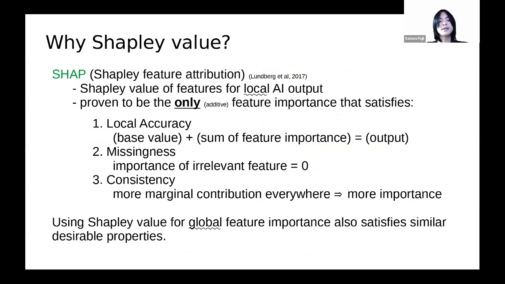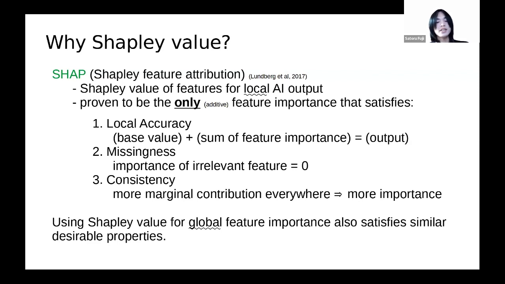The thing is, it is known that when applying Shapley value to features for local AI output, that value is proven to be the only feature importance that satisfies 3 desirable properties. Local accuracy: the sum of feature importance equals the output. Missingness: the importance of an irrelevant feature would be 0.